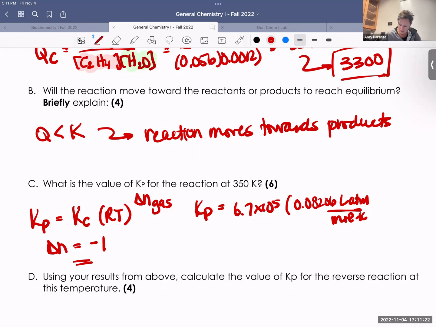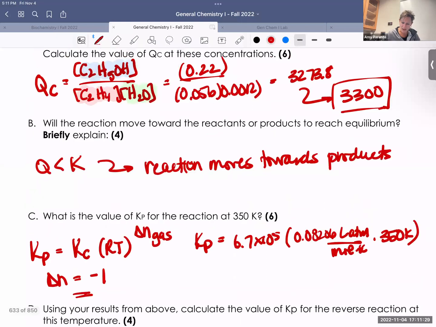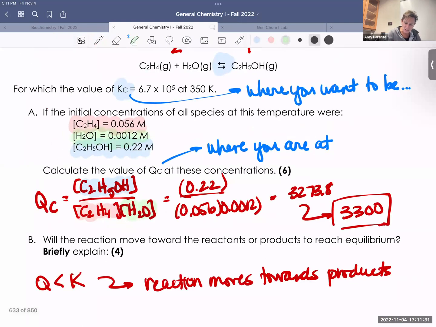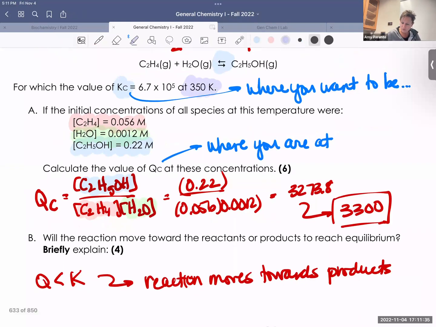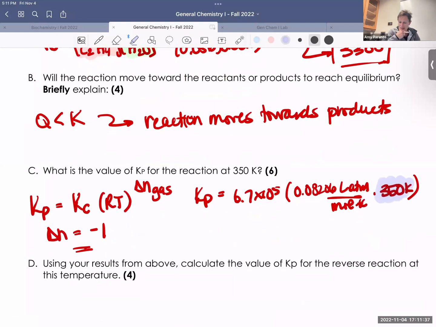So we're going to have this multiplied by temperature. It tells us that we are at 350 K, so that's where we get this piece, 350 K. We haven't really learned the how or the why; this will be a Gen Chem 2 piece. Rate constants are temperature dependent, which is why that temperature piece comes in here. And importantly, we need to have this to the -1 power.